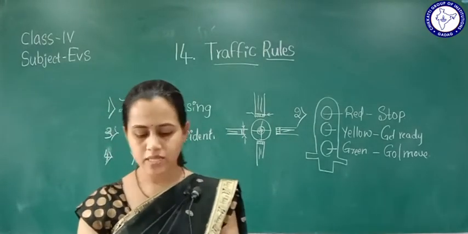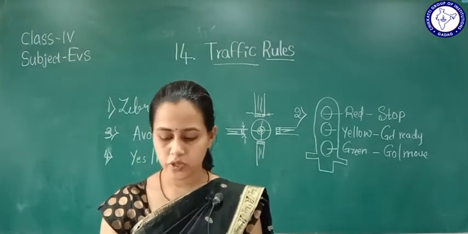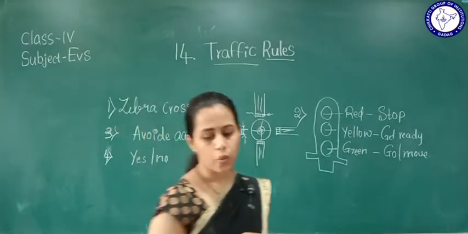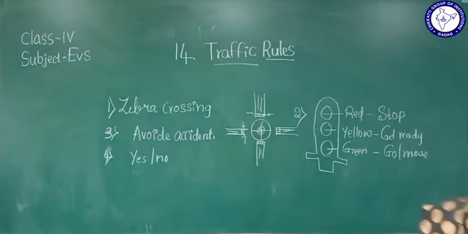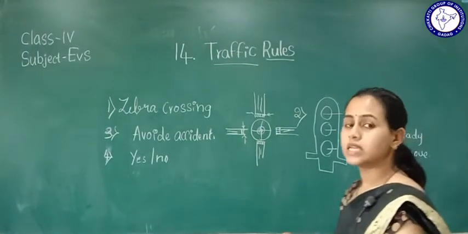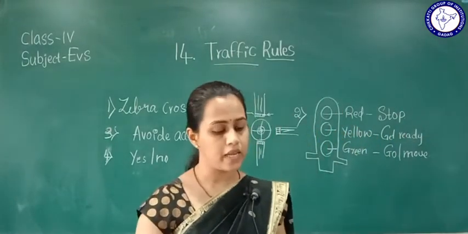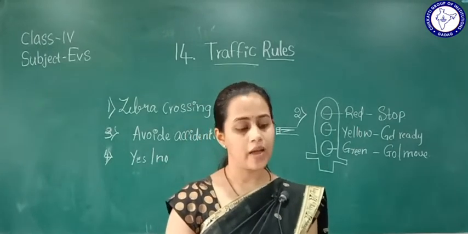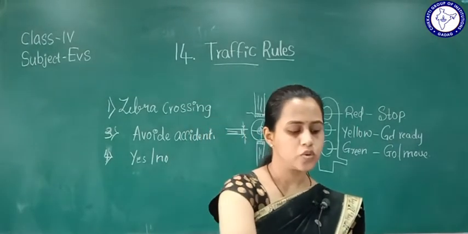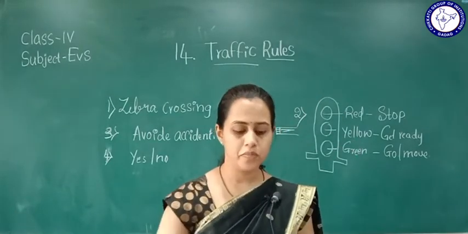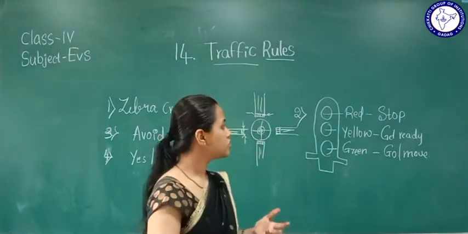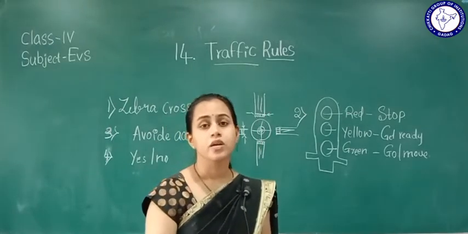What are the precautions that you should take while crossing the road and why? There are many other rules which we have to follow, right? So we should understand the rules they have made. We should never play on the road, right?